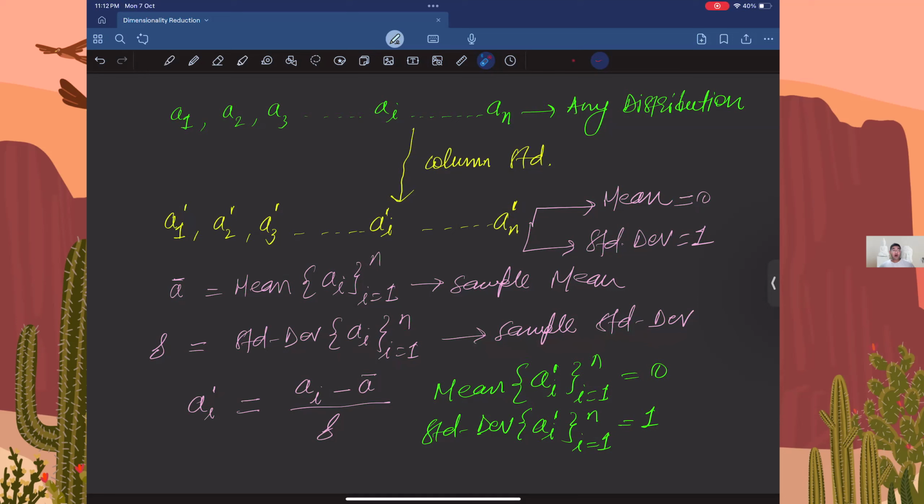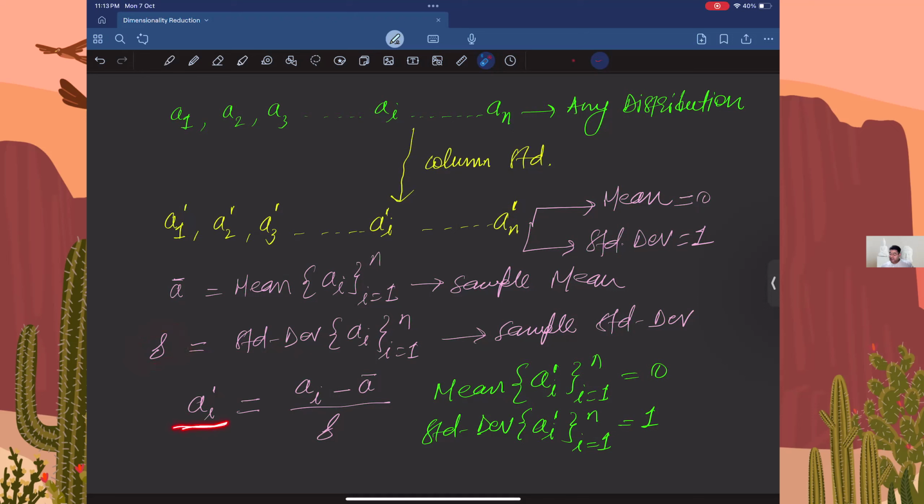Now, let's suppose I am given a few points or a bunch of vectors, I can compute the mean very easily. I can also compute the standard deviation in the same way. So this is a representation for the standard deviation.